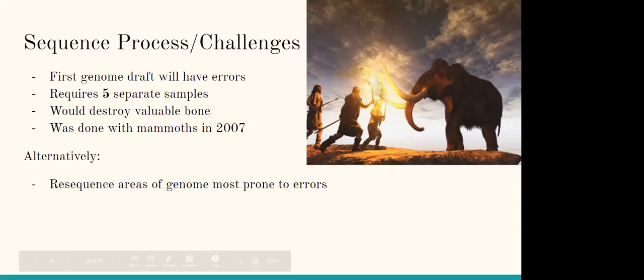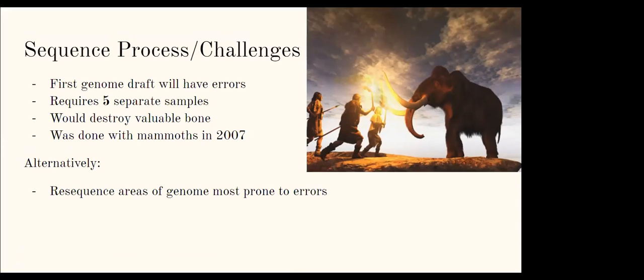Yeah, and kind of going off of the idea that doing this process with mammoths is easier. With the sequencing process and taking these samples, the first genome draft is going to have errors, and getting a completely accurate DNA sequence requires the process that Liam described.